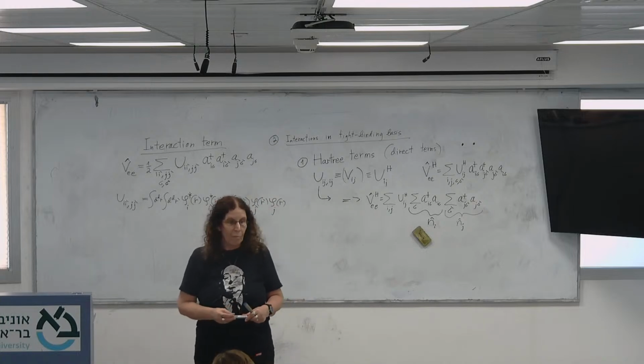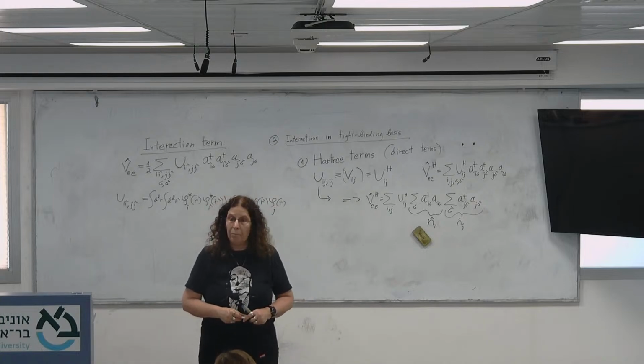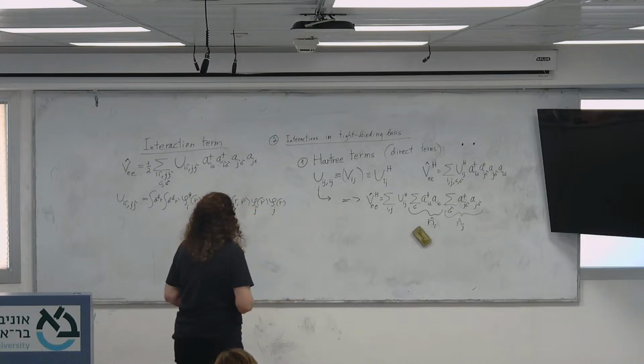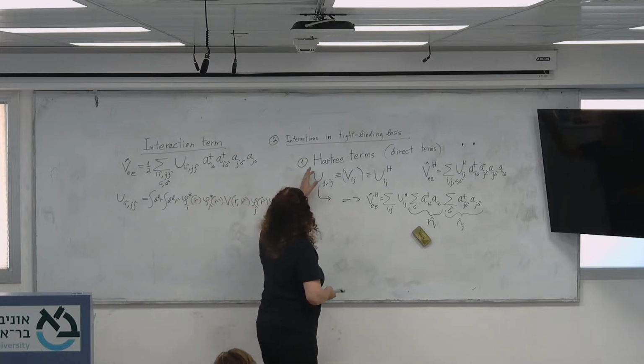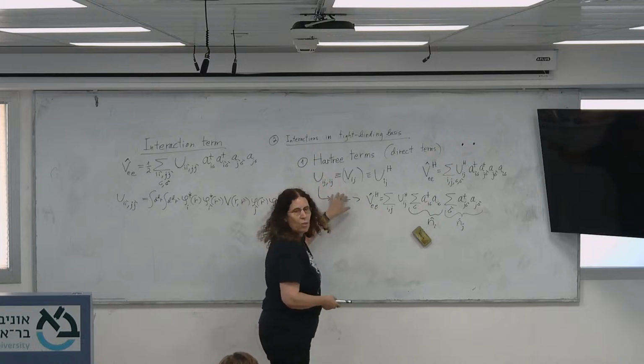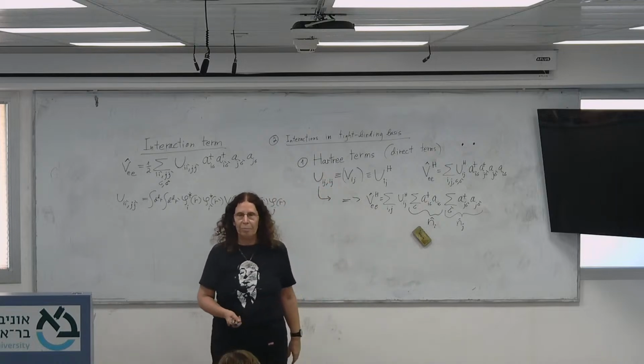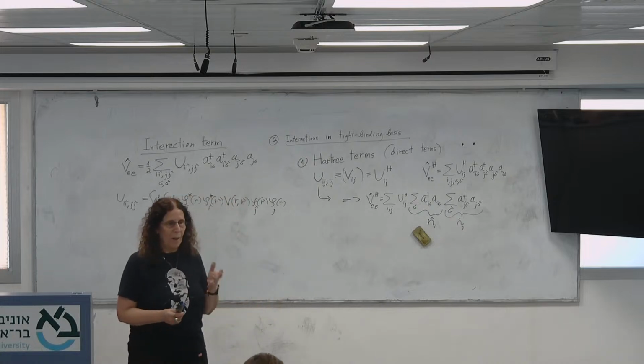Okay? All right. So this is called Hartree, and usually these kinds of interactions are the least interesting, because they have a classical analog.